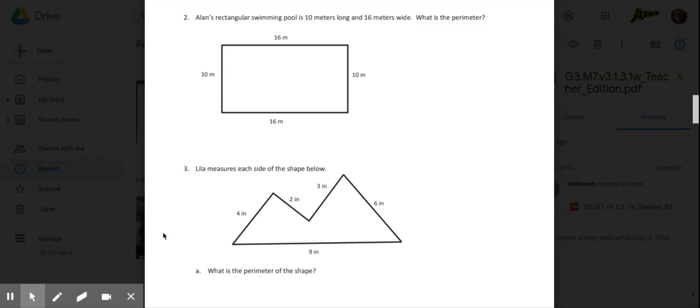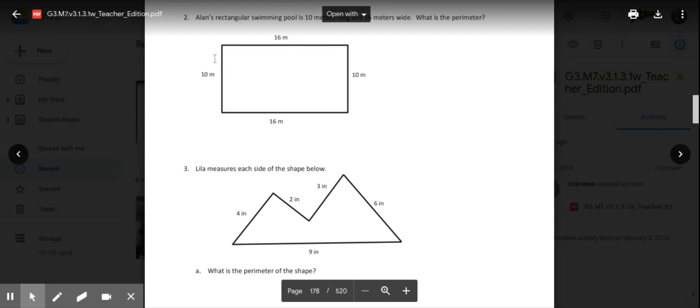Number 2, Alan's rectangular swimming pool is 10 meters long and 16 meters wide. What is the perimeter? Well, we have 10 and 10, so we have both of those, 16 and 16. We add. I don't have a lot of space here, so I'm not going to write meters.